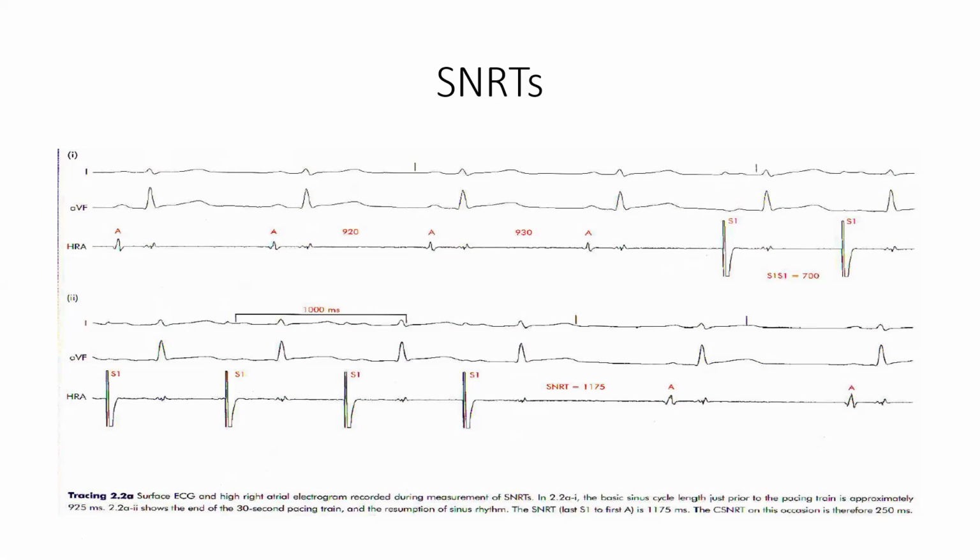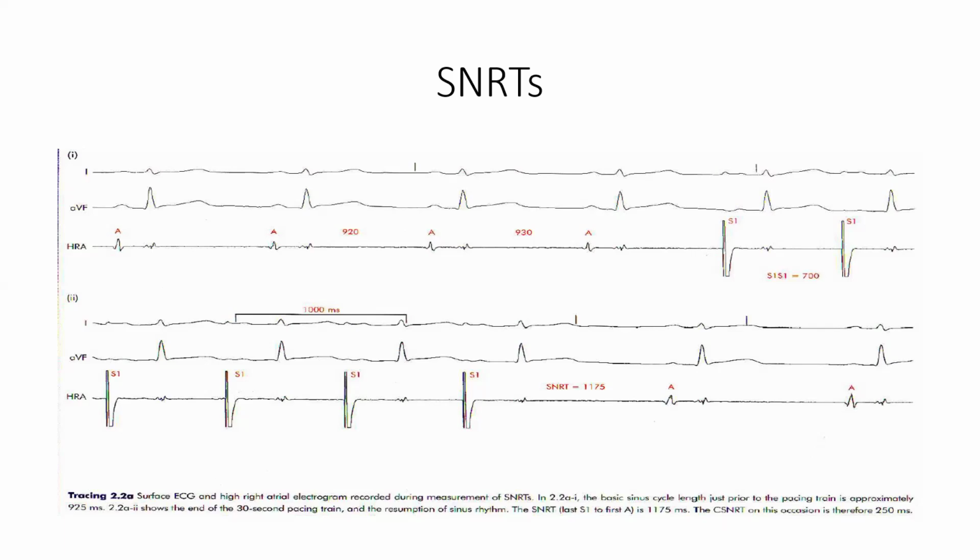Yes, you are, sir. So look at the HRA. They have told you all the A's. Between this A and this A, how many milliseconds is that? You can see it's 930. The machine will show you. If you put one caliper here and another caliper here, it will show you 930 milliseconds. So divide 60,000 by that, and you will get your heart rate.